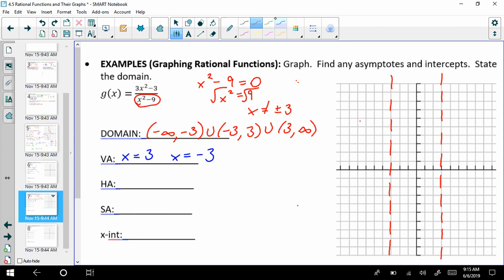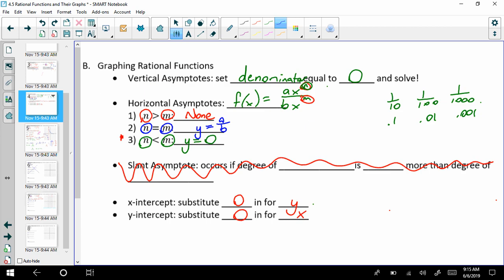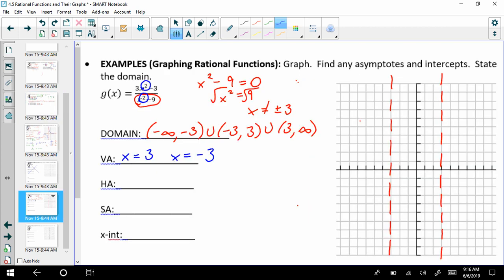Okay, the horizontal asymptotes are where I have to look at the highest exponents. So the highest exponent on top is a 2. The highest exponent on the bottom is a 2. So what does that mean if they match, if they're equal? Well, if they were equal, which is option number 2 here, I take a over b, which is the coefficients out front.